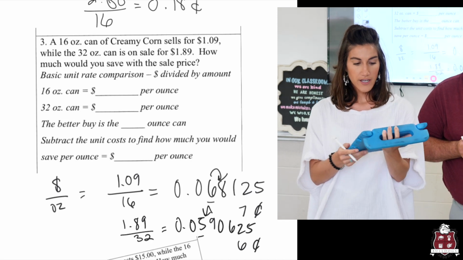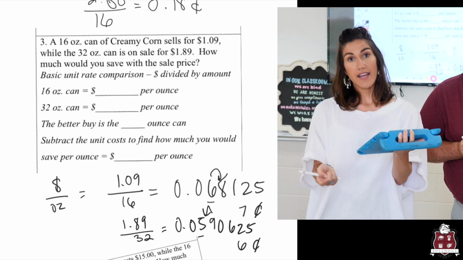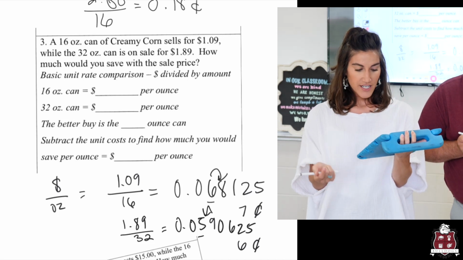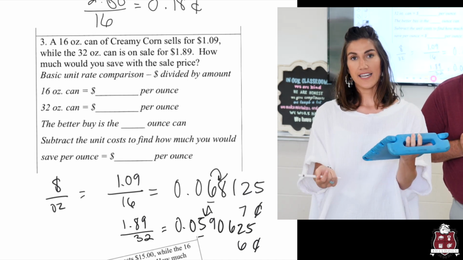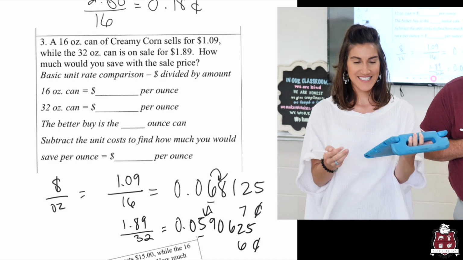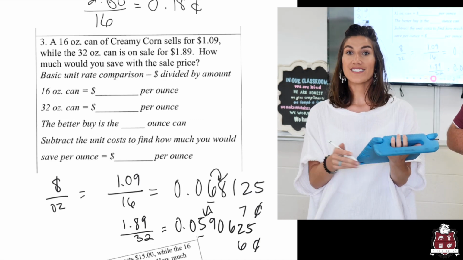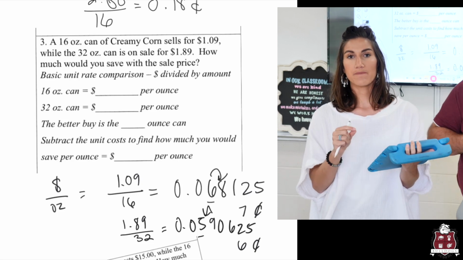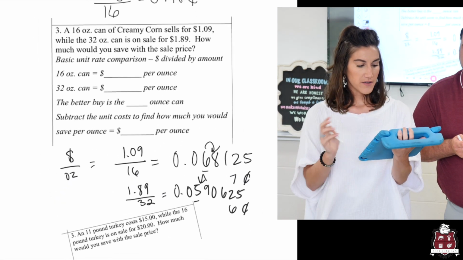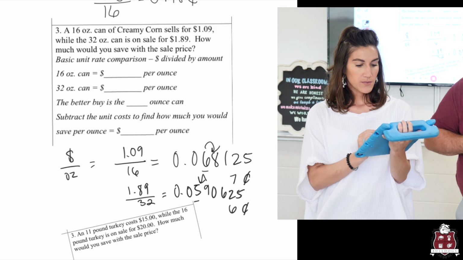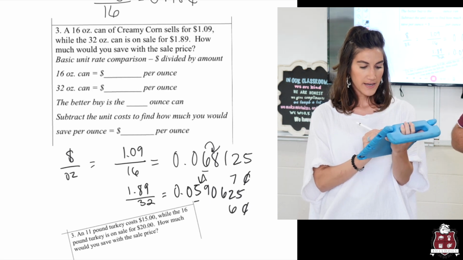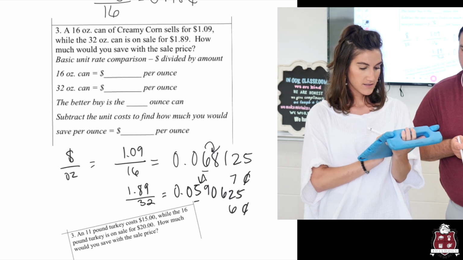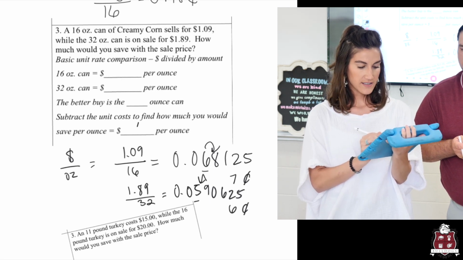So if you look, our 16-ounce can was 7 cents per ounce, and our 32-ounce can was 6 cents per ounce. So we're actually saving money here buying the 32-ounce can, by 1 cent. So the better buy in this case would be our 32-ounce can, and we're saving 1 cent.